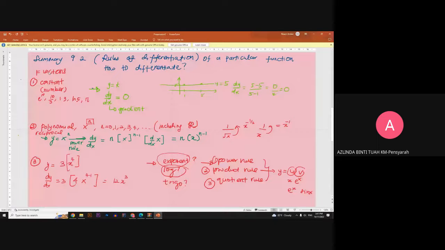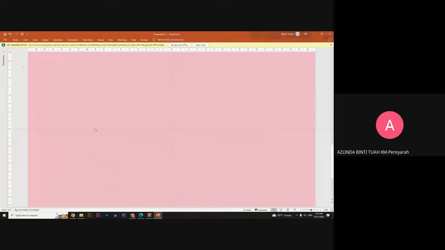How to differentiate a constant. The next function is x in terms of something, x power of something. Now I add the next function, which is the exponent or index number.